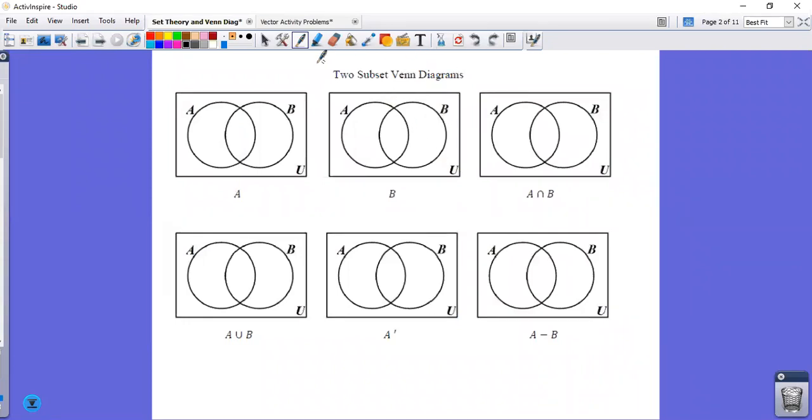All right, so when we start talking about two subsets that may share something in between them, they overlap, right? A and B could have some intersection.